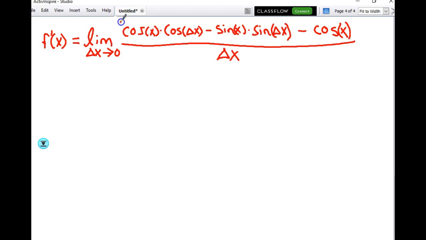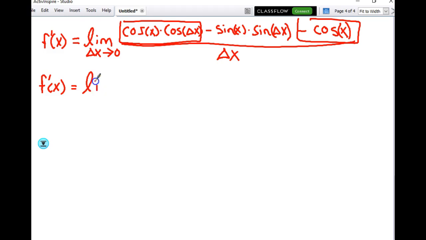So I'm going to group this expression with this expression. Then we're going to have minus cosine of x.